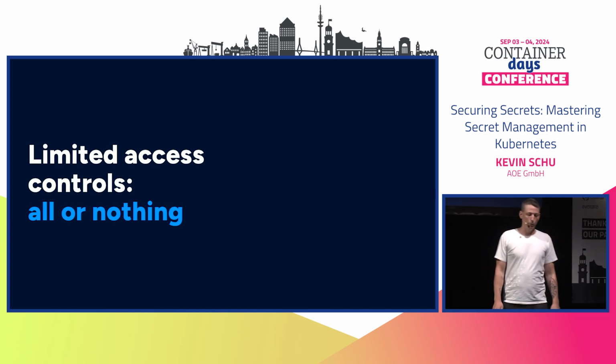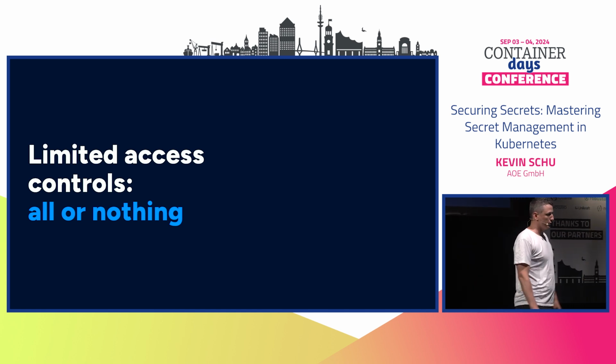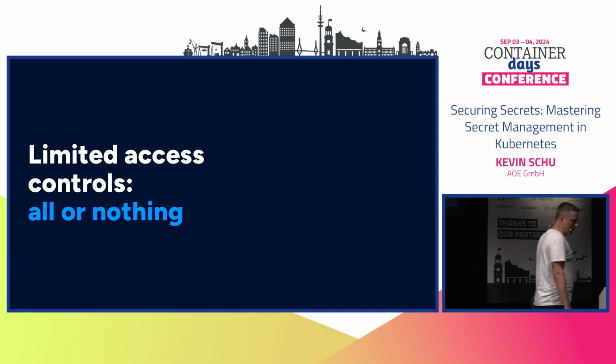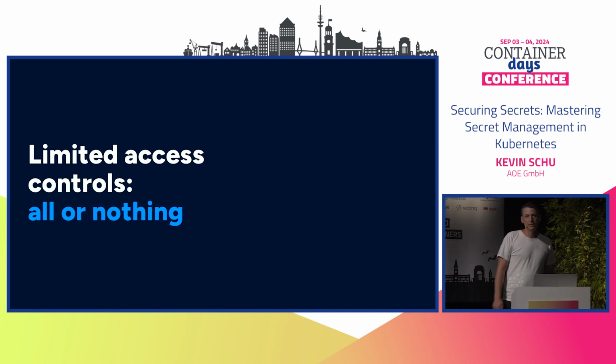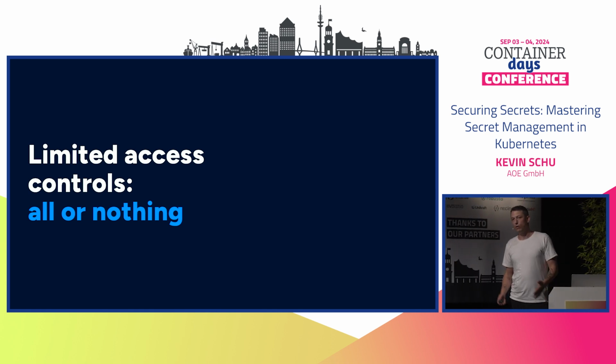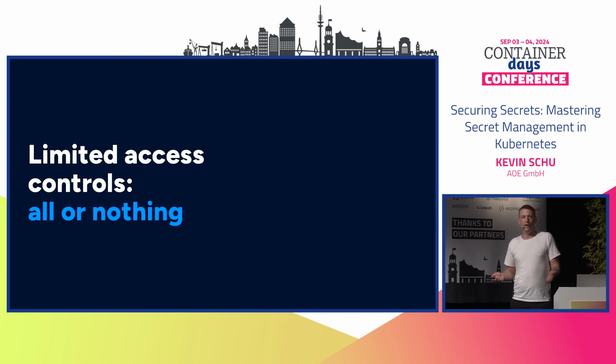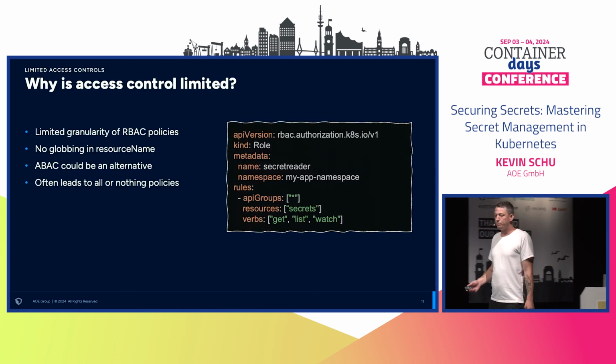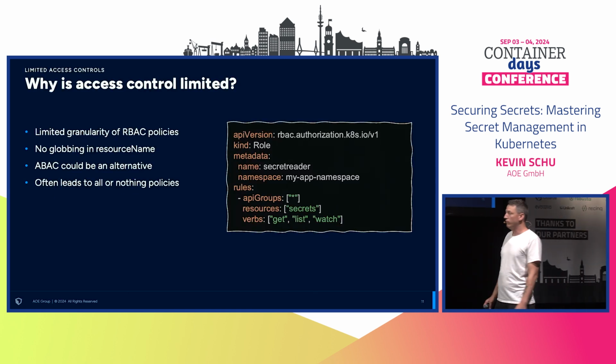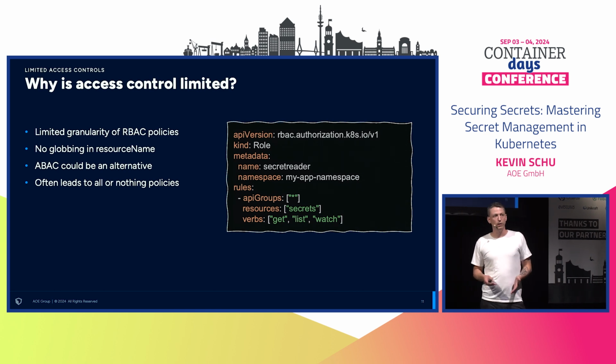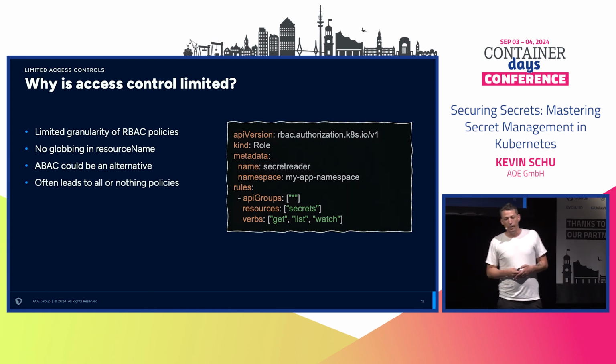So, going through the next point: limited access control. I have often seen access control like all or nothing. Either you have access to all secrets in a namespace, or you don't have any access. This is what I've seen a lot in projects. The reason is that you have very limited granularity of RBAC policies.